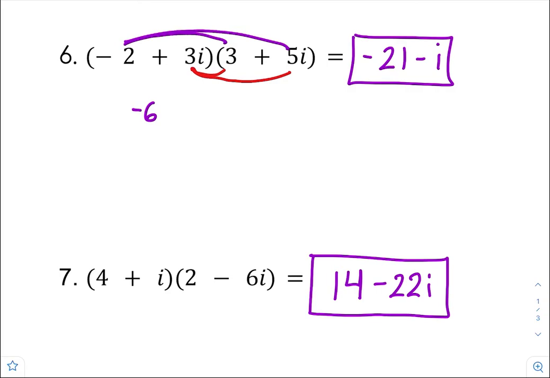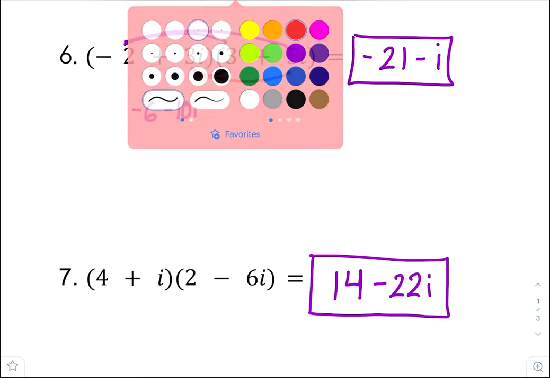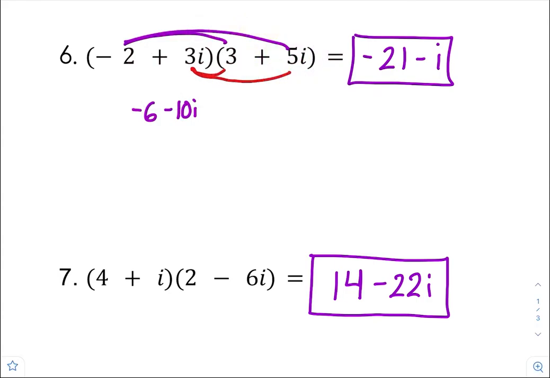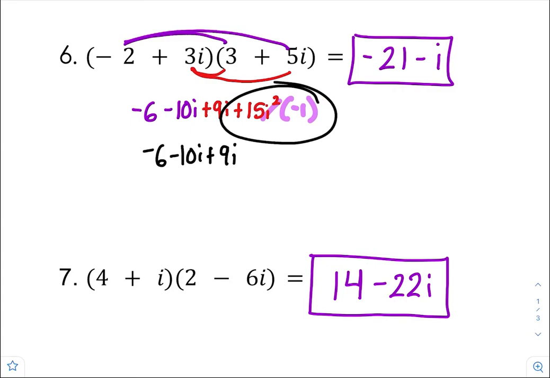Negative 2 times 5i is negative 10i. 3i times 3 is 9i, and 3i times 5i is 15i to the second power. And the i to the second just becomes negative 1. So I'm going to rewrite everything. 15 times negative 1 is negative 15.